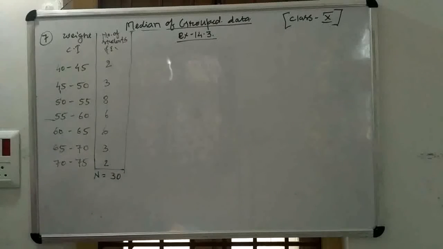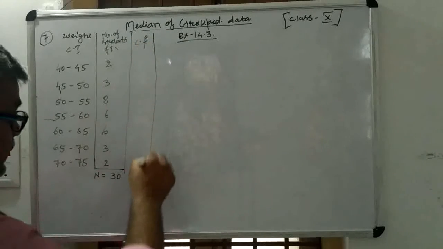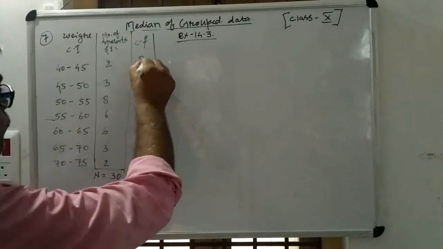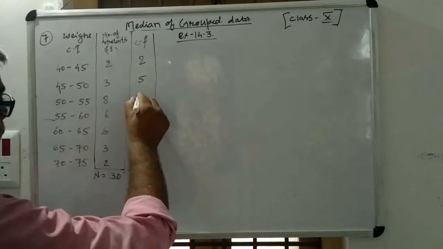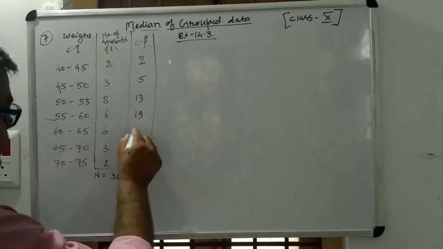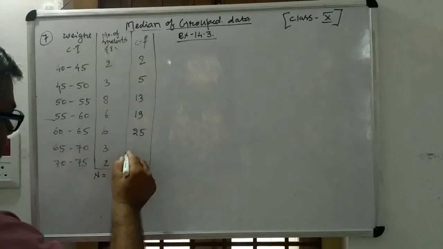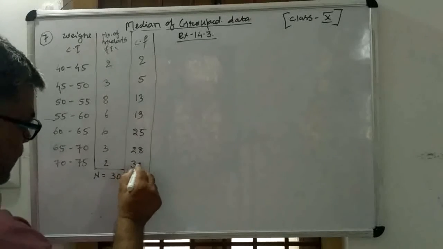This is 30. Now we have to prepare the cumulative frequency table. So your cumulative frequency table will be 2, 5, 13, 19, 25, 28, 30.